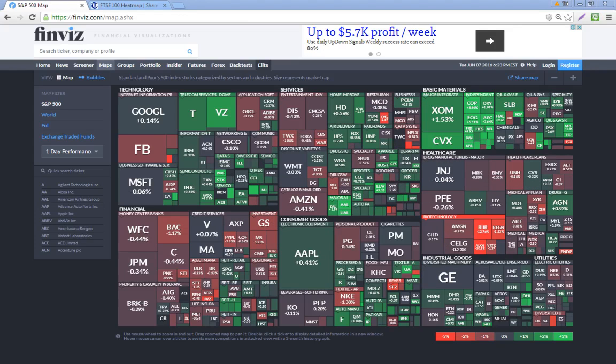The S&P 500, as well as any other stock index like the Nasdaq, the Dow Jones, the FTSE, the DAX, etc., is a basket of chosen stocks, and they are chosen for market size, liquidity, and industry grouping, among other factors. This means that this is going to represent the economy of a country. For example, the S&P 500 is representative or a benchmark of the US economy or the US stock market.